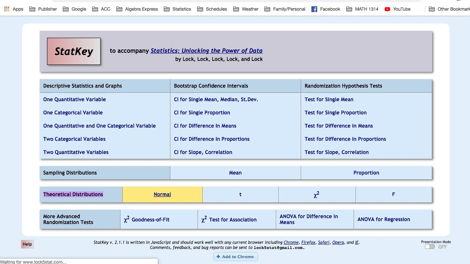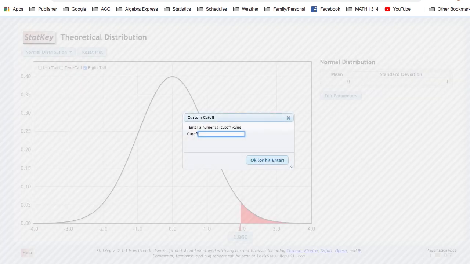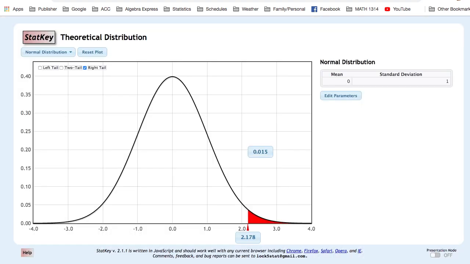I'm going to accept the standard normal distribution that comes up and select right tail and overwrite this 1.96, which is my default value, with my z statistic of 2.178 and hit OK. Now I get my p-value here of 0.015.